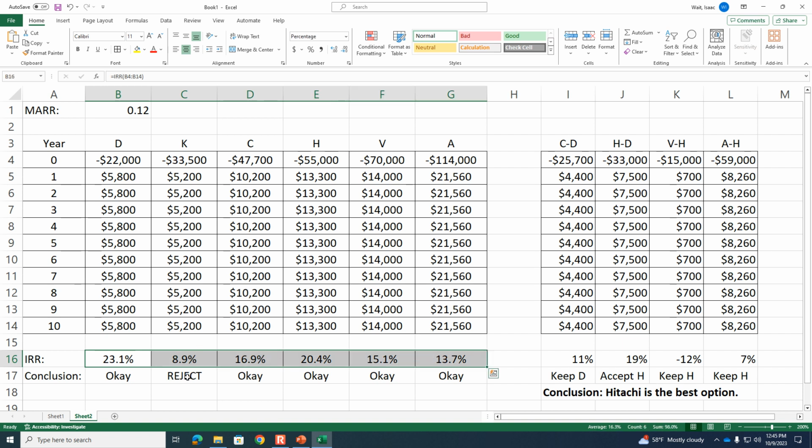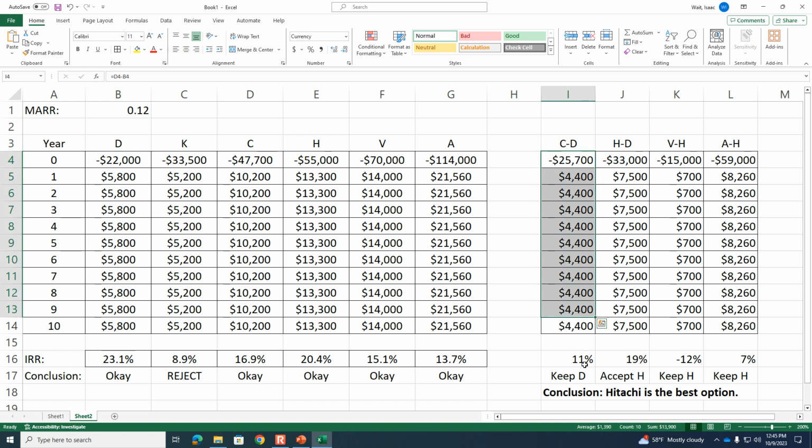That initial analysis allowed us to reject option K, so none of the incremental analyses will include option K. Over here to the right, we can see our first matchup was C versus D. And because the internal rate of return of the increment was less than the MAR, so 11% is less than 12%, that tells us the more expensive option, here option C, should be rejected, and you should stick with the cheaper option.